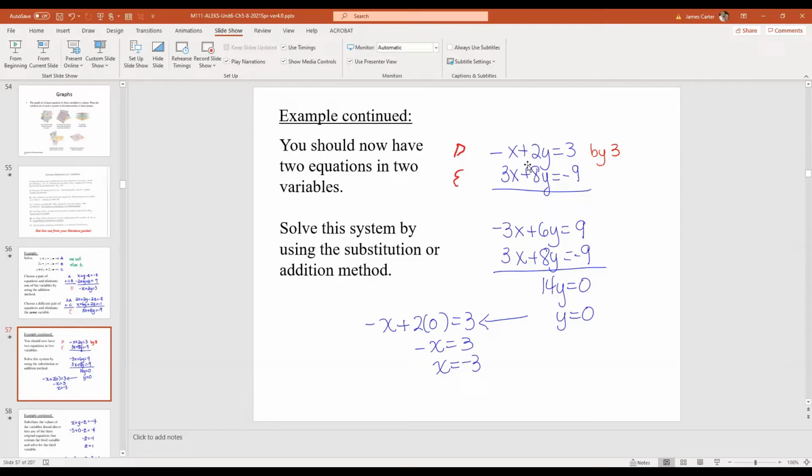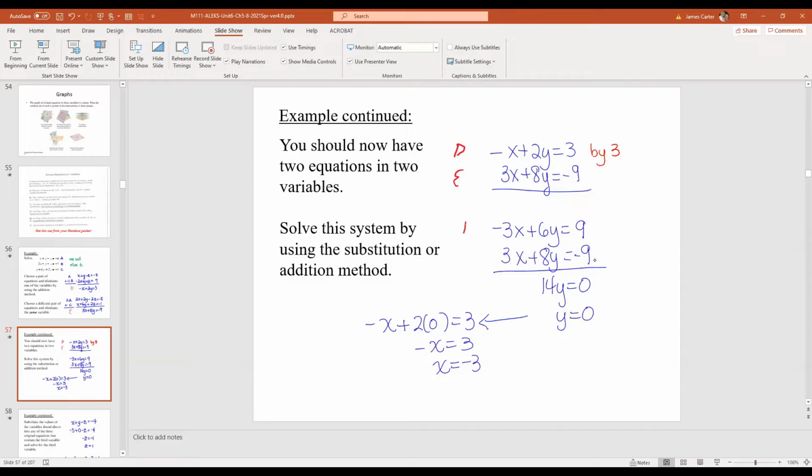Now, I only need two equations because I've got two variables. So I've got these two equations. I'm going to multiply the top one by 3 in order to get an opposite pair, which gives me 3x plus 6y, 3x plus 8y.